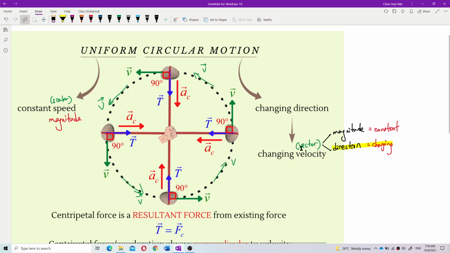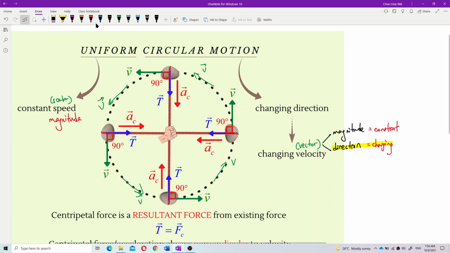So the velocity also changes, because of the changing direction.